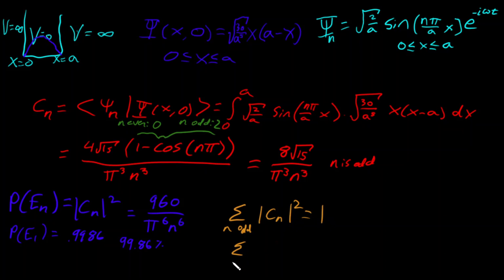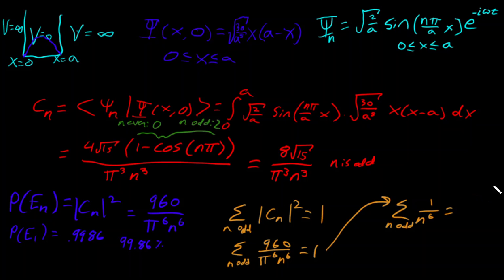And so given this, the sum for all odd integers of 960 over pi to the 6th n to the 6th is equal to 1. Or another way to write this is the sum over odd integers of 1 over n to the 6th. So that's 1 over 1 to the 6th plus 1 over 3 to the 6th plus 1 over 5 to the 6th, on and on to infinity, is equal to pi to the 6th over 960, which is just a pretty cool mathematical result.